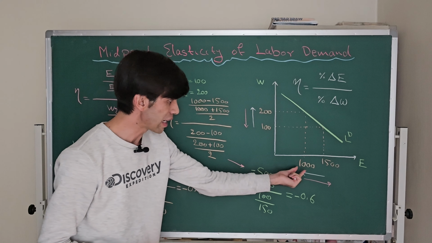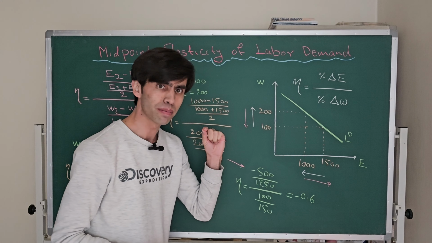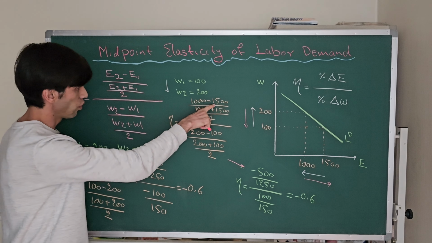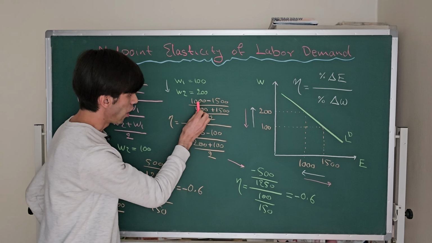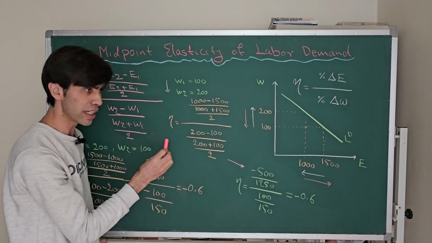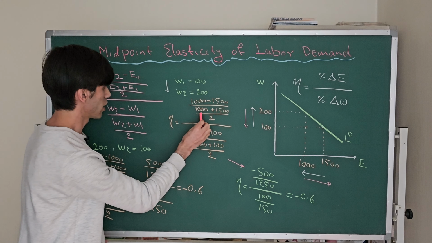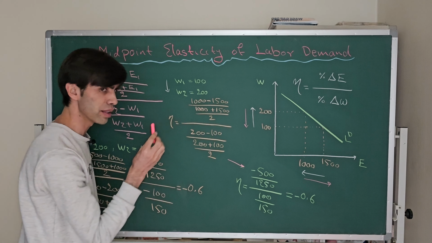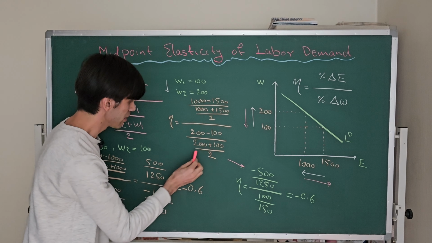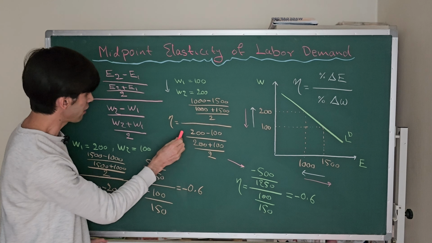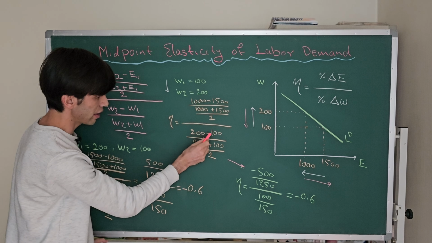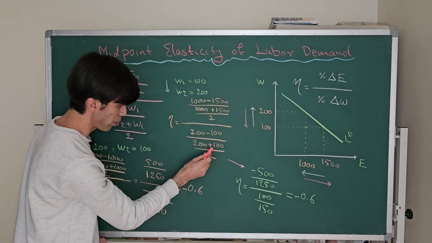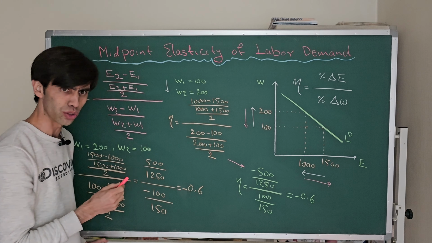So E2 is 1,000 and our initial employment E1 is 1,500. Then 1,000 minus 1,500, divided by the midpoint, E2 plus E1 over 2: 1,000 plus 1,500 divided by 2. And for the wage, W2 is 200 minus W1, 100, divided by W2 plus W1, 200 plus 100, divided by 2.